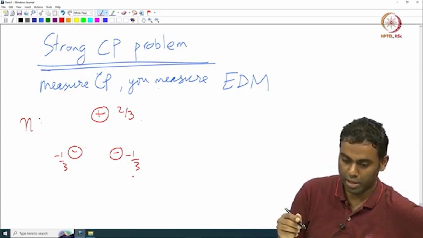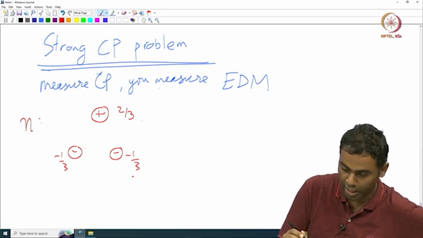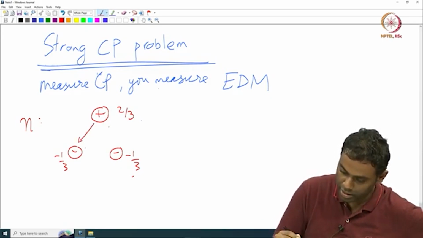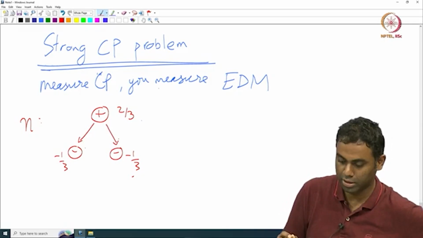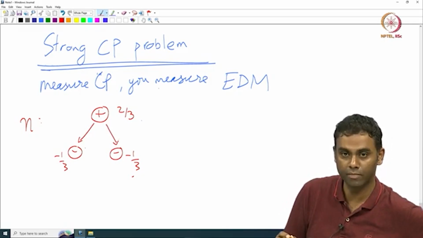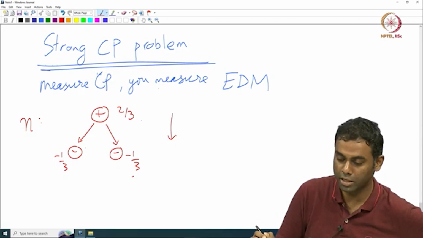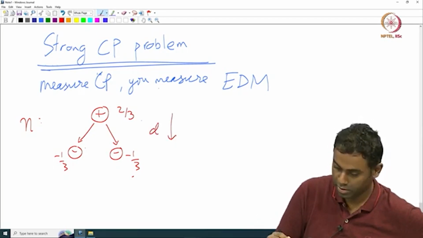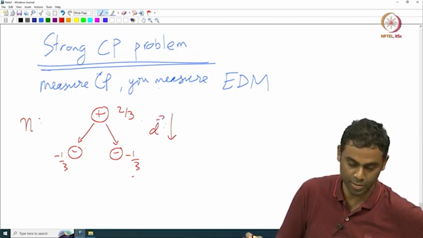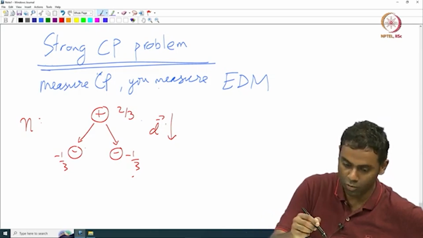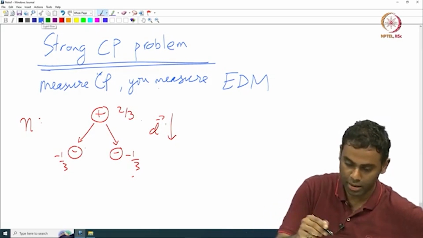So where are the net distance vectors? I have a distance vector going in this direction between these 2 charges and then in this direction between these 2 charges. That means the net distance vector will be in this direction, the distance separating opposite charges. And what would be the magnitude of that?